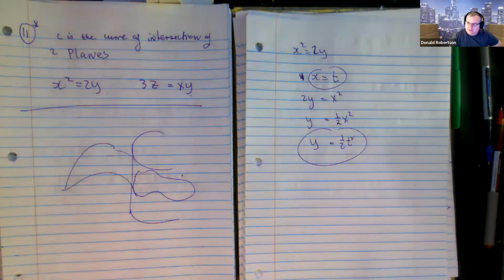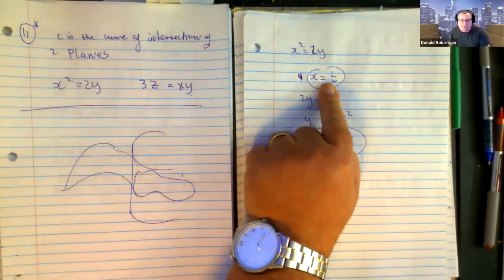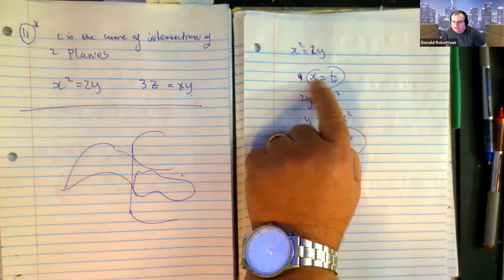So the trick to doing these types of questions, where you're looking for the intersection of two surfaces, is to pick somebody to be x, or somebody to be t, in which case I'm picking x.